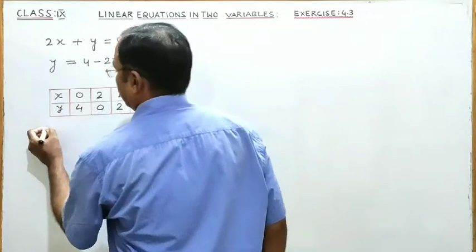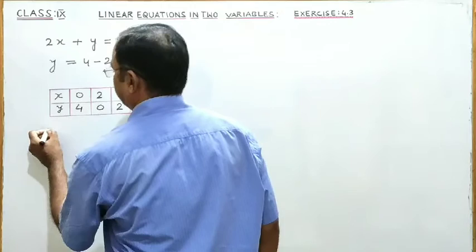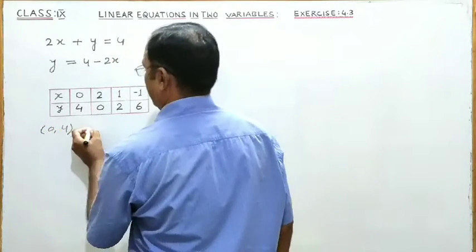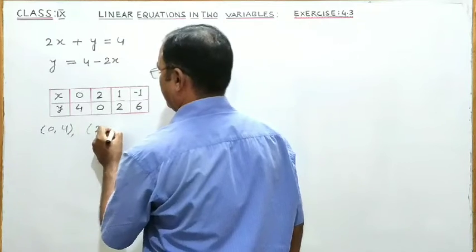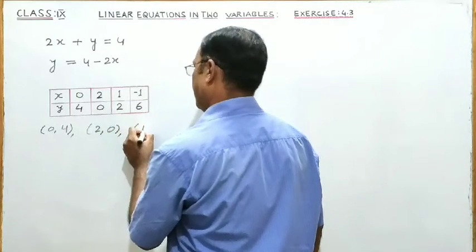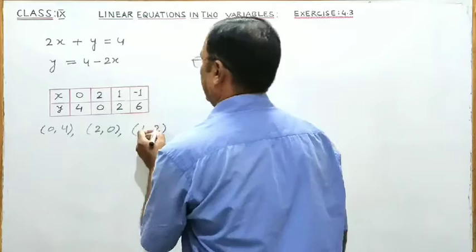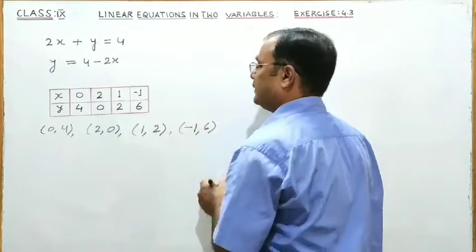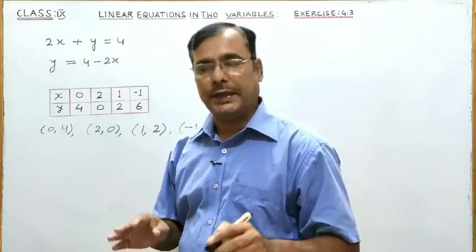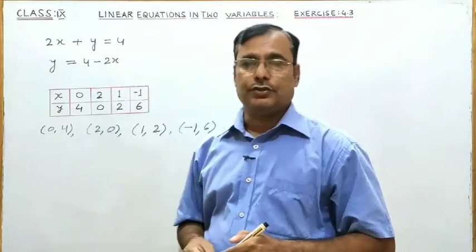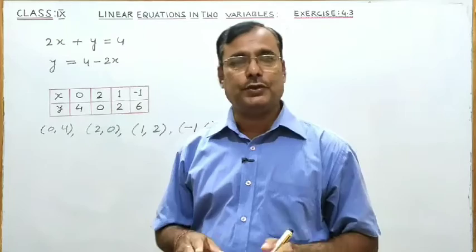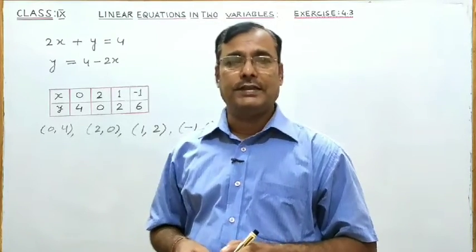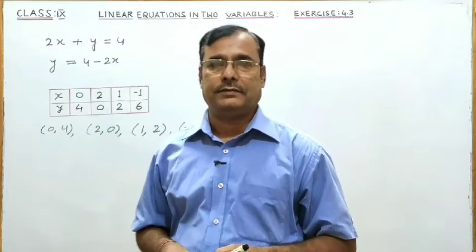Then we plot these points (0, 4), (2, 0), (1, 2) and (minus 1, 6) on a coordinate plane and join any two of the points to get a straight line.